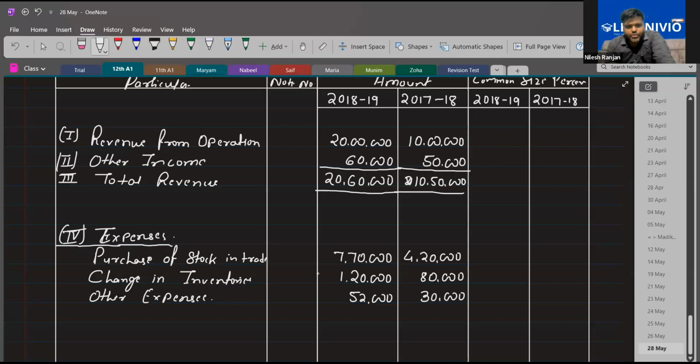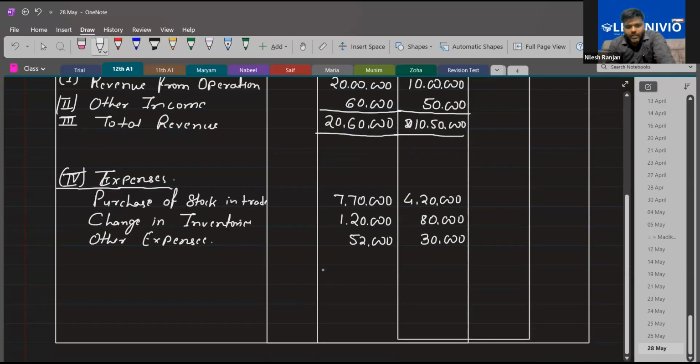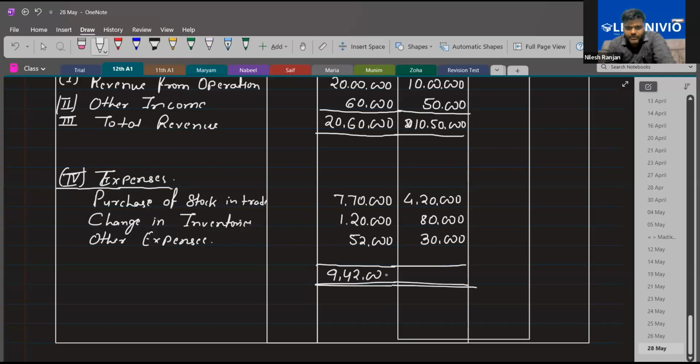Okay, so expenses: purchase of stock in trade, change in inventory, and then other expenses. Now we will calculate the total, 9,42,000. And here it is 5,30,000. Then it is total expenses.